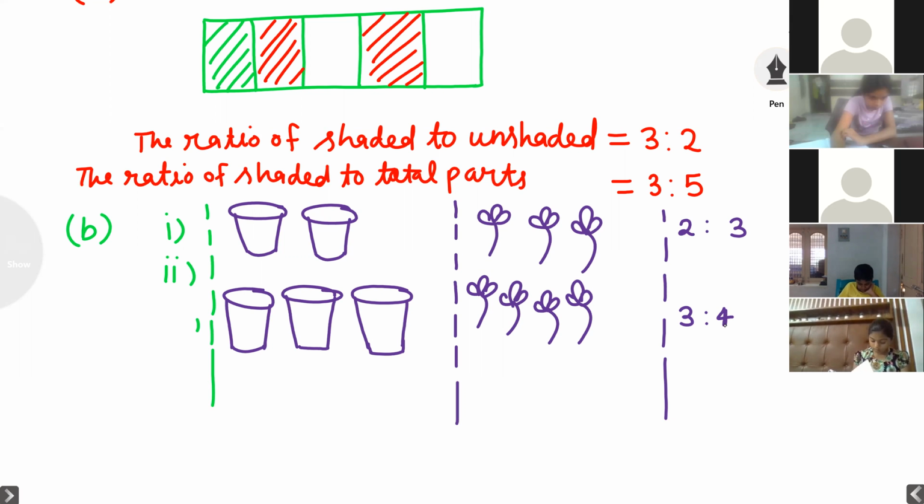This is flower pots. This is flower. 2 flower pots, 3 flowers. 2 is to 3. 3 flower pots, 4 flowers. 3 is to 4.